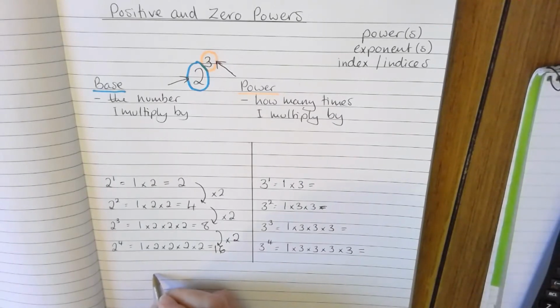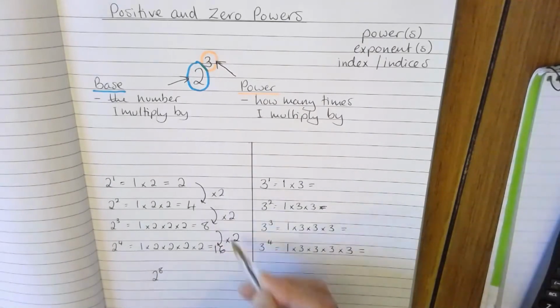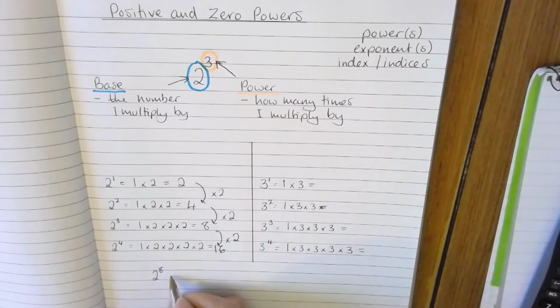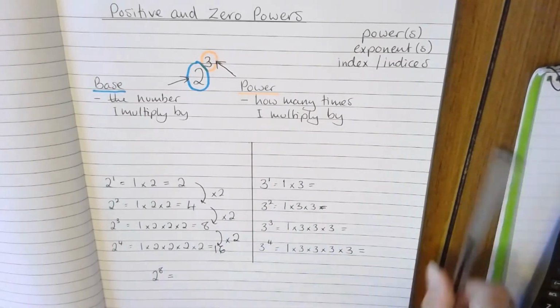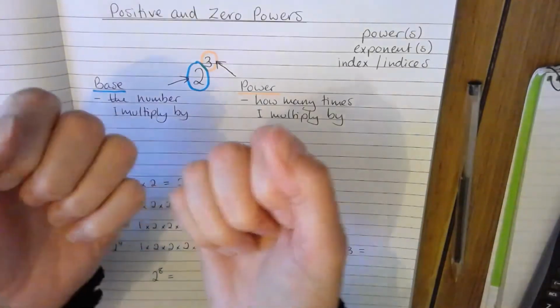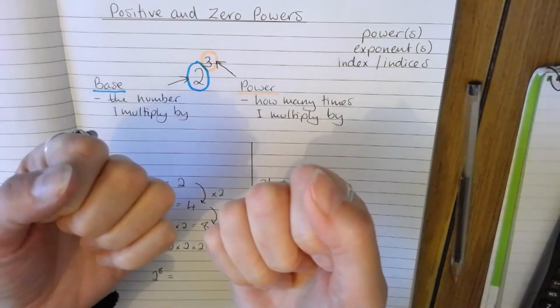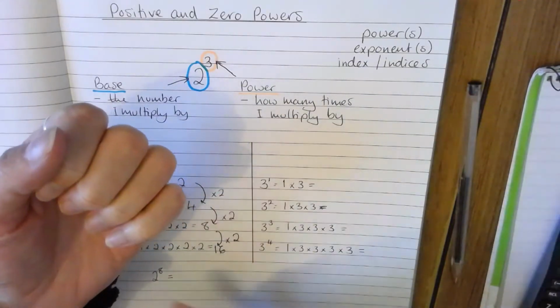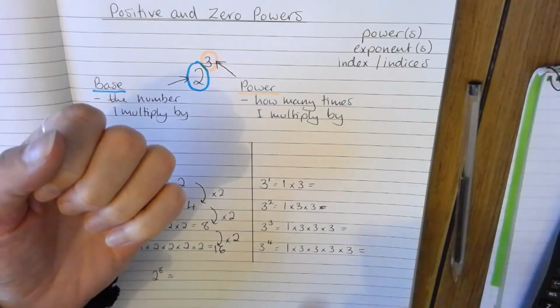So say I wanted to calculate 2 to the power of 8 without having to go through all of the other powers beforehand. I can just use my fingers and double as I go along. Each finger denotes the power of 2 that I'm looking at.